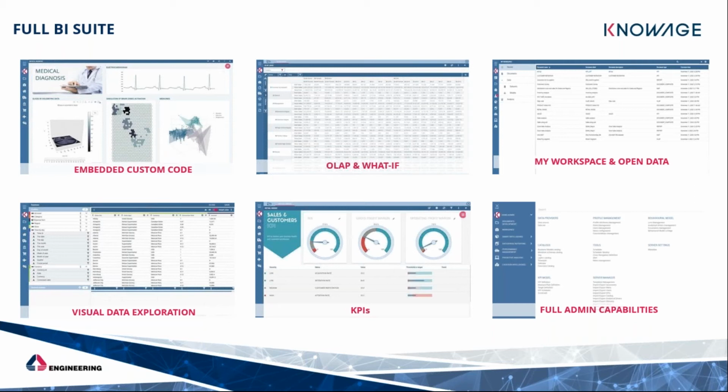You can build KPIs, so you can build your own KPIs and thresholds, and then like an admin user, you have full admin capabilities. This is an example of the admin menu, and here you can find all the functionalities available for the admin.